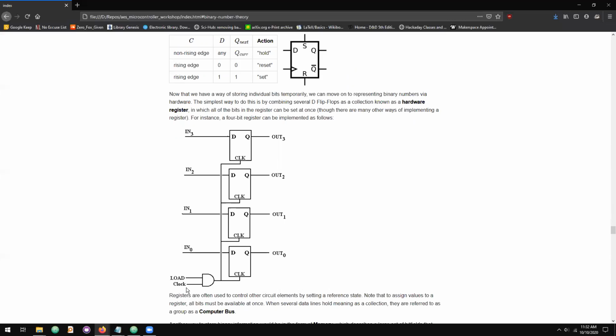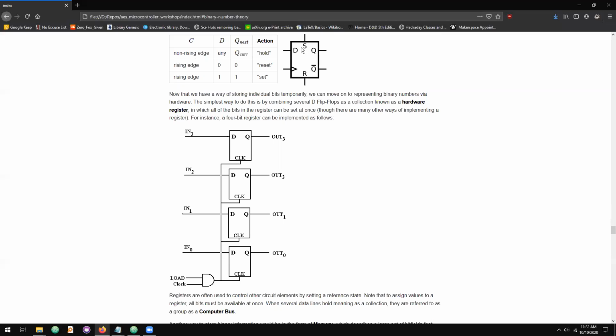If the clock is always oscillating between states 0 and 1, then at certain times we will have rising edge conditions. When the clock is at a rising edge and load is high, this AND will produce that rising edge value as the clock input to all of these D flip-flops.